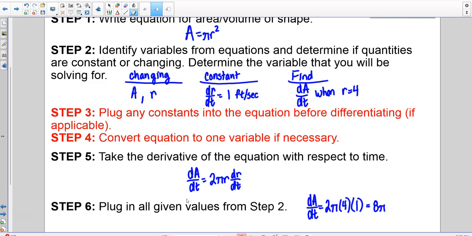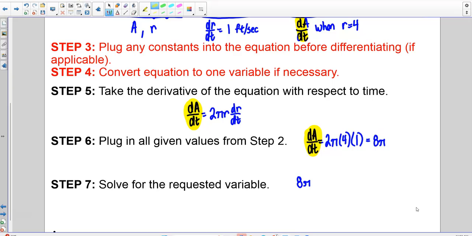It is just a power rule problem. What does change is where you plug the numbers in. This time we're trying to find dA dt, so we are not going to replace it. We've got our radius is 4 at the point that we're concerned with, and our dr dt is 1. So when you multiply that together, you get 8 pi.